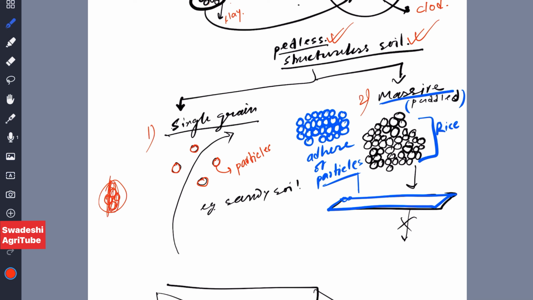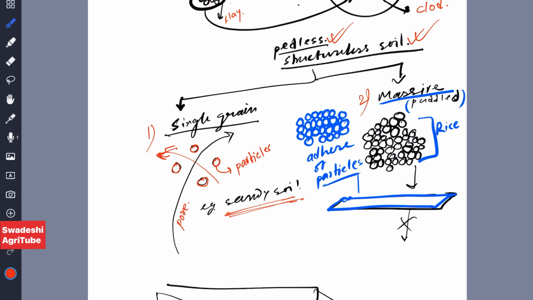As there are no peds, that means there is more pore space. You can say more pore space here, and that's why that soil will be called the single grain structureless soil. An example is the sandy soil. There is no ped in case of sandy soil.